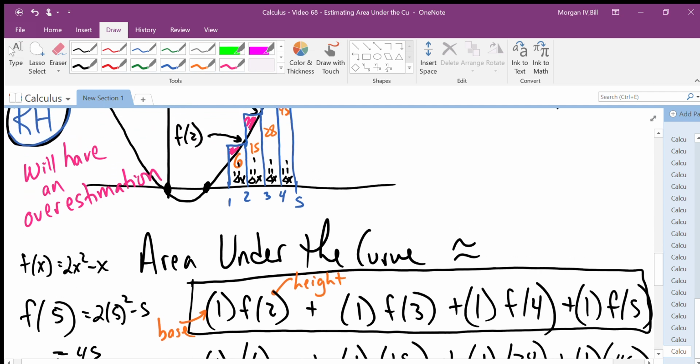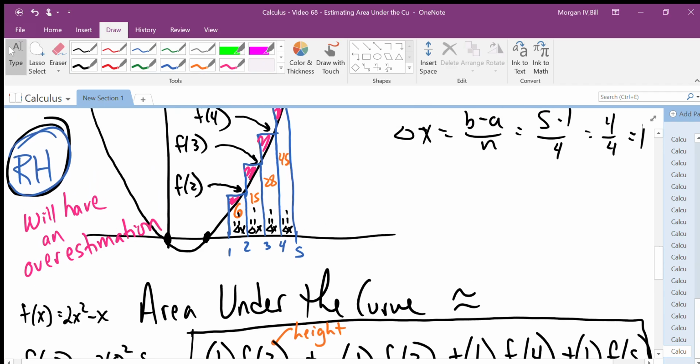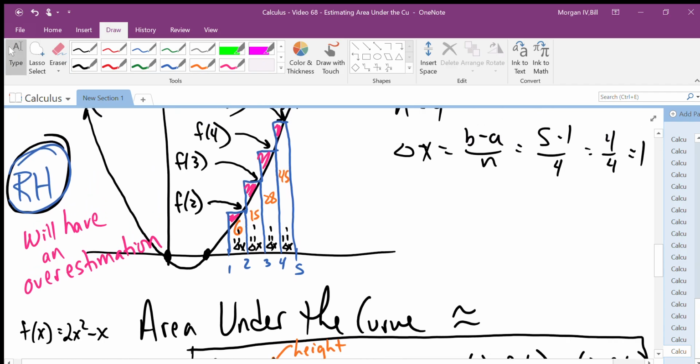The base, this 1 in this particular case, is given by the delta x value. The height is given by the function value. For the right hand, it doesn't start at the very left-hand side. It starts at, in this case, 2. Remember that the 1 is a and the 5 is b. This is from a to b, from 1 to 5.